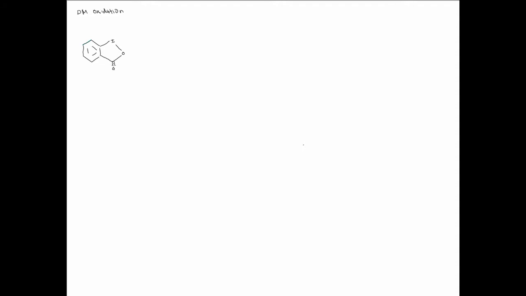So now I'm going to show the reaction mechanism of the Dess-Martin oxidation reaction. As my reagents, I'm going to use the Dess-Martin periodinane, and I'm going to use the following primary alcohol.